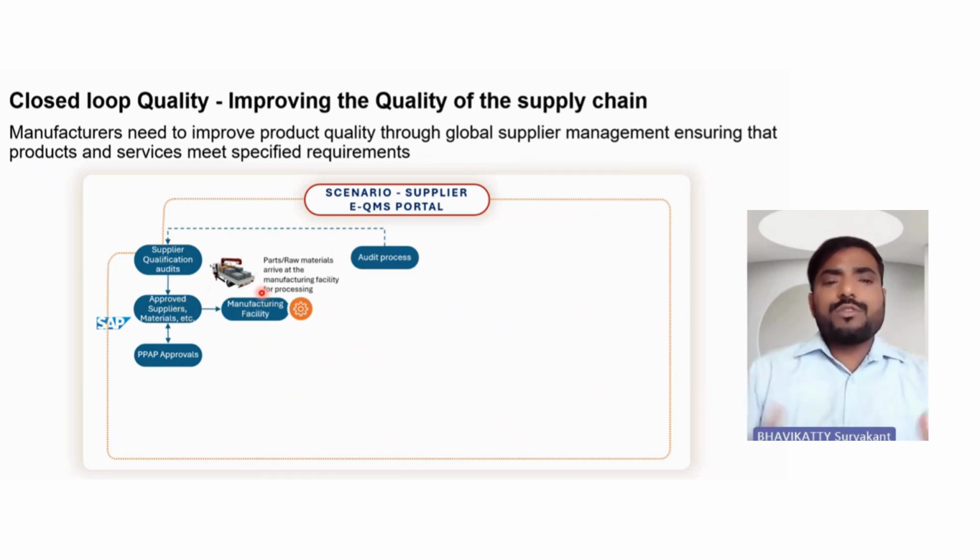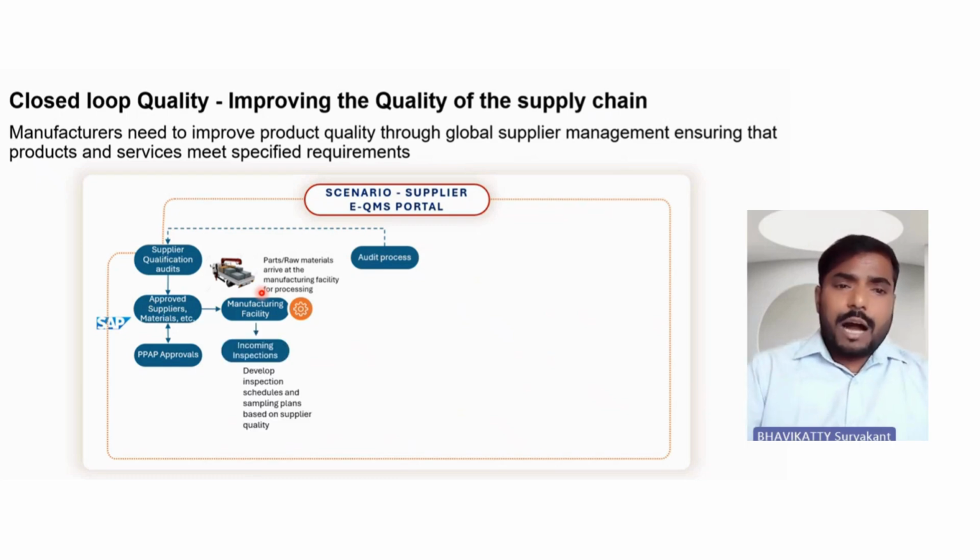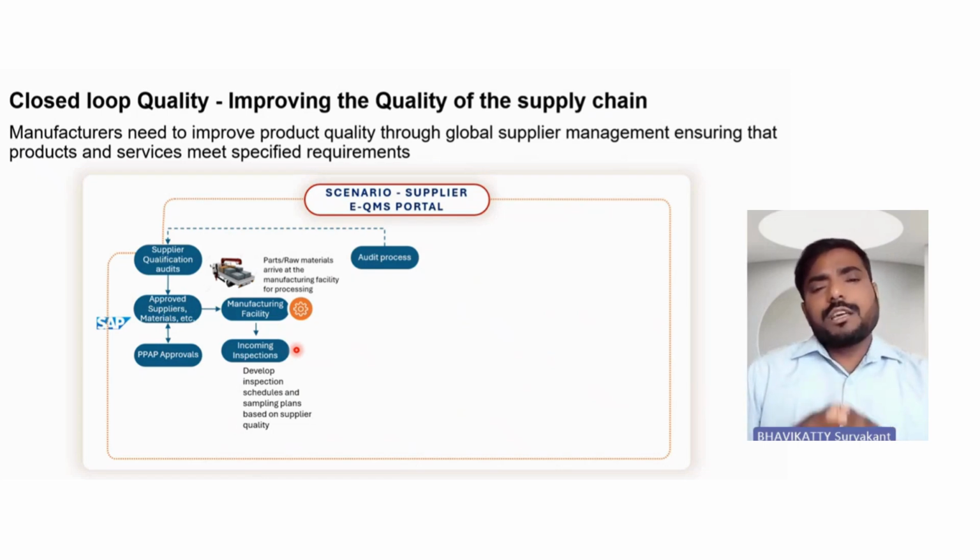Once you receive the components at your facility, your receiving inspection team will have different inspection guidelines, like the inspection plan, DOL and non-DOL criteria, and different sampling plans. We have an incoming inspection module, which will intelligently tell you whether inspection is required or not required.